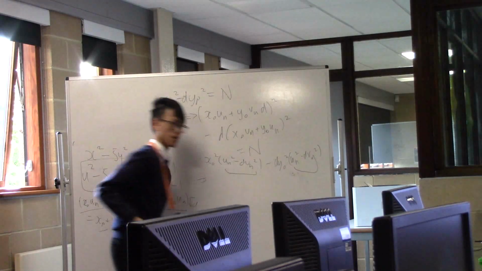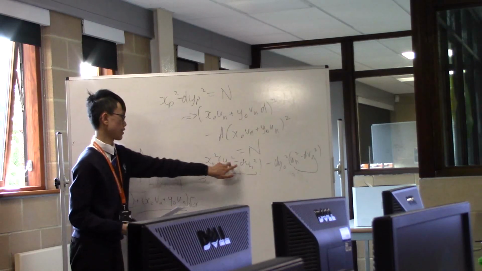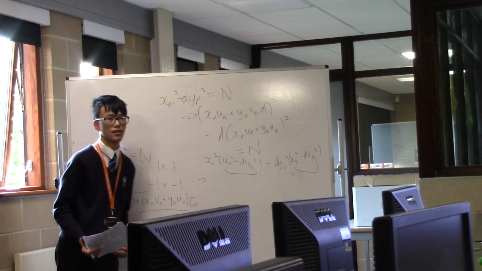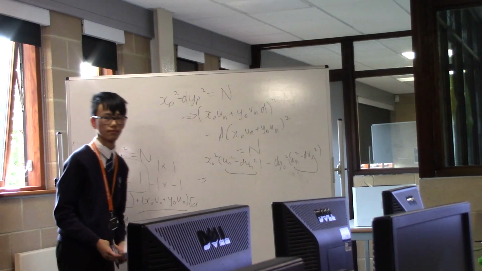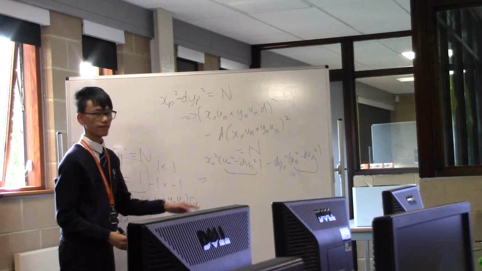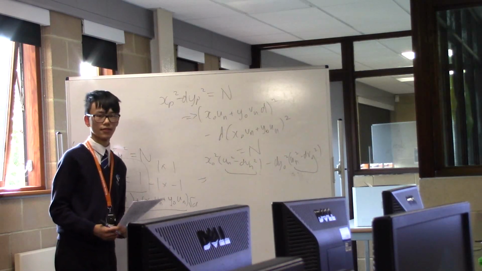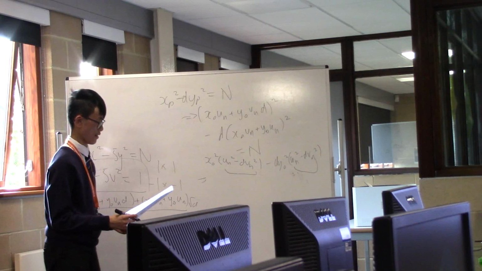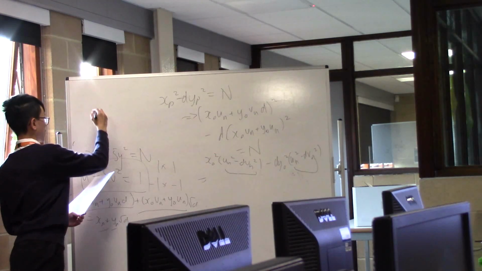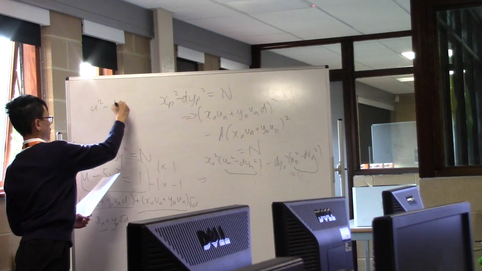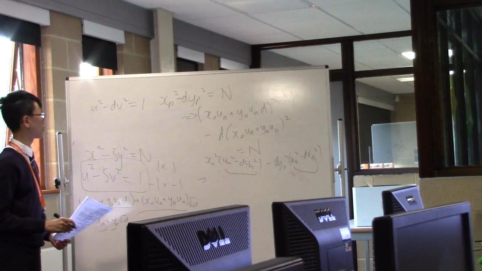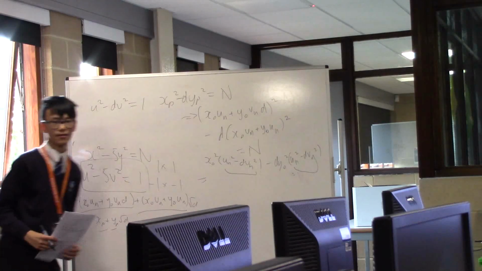Does anyone notice anything about these brackets here? un squared minus d vn squared. Yep, the same. Do you remember this equation that we had before, the Pell's resolvent, u squared minus dv squared equal to 1? Did you see how this links to here?